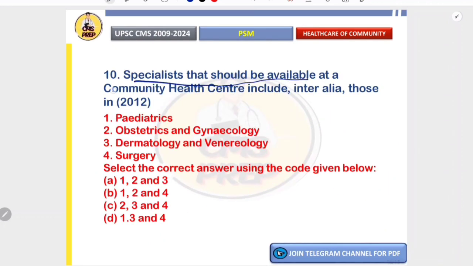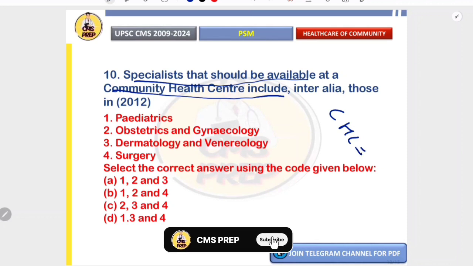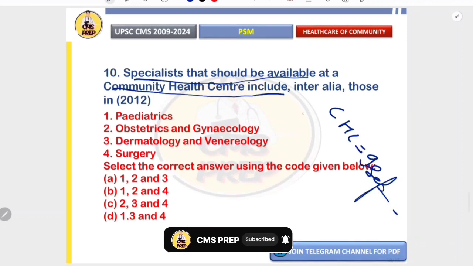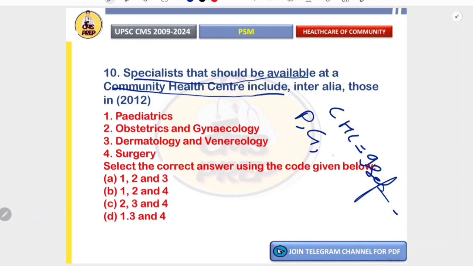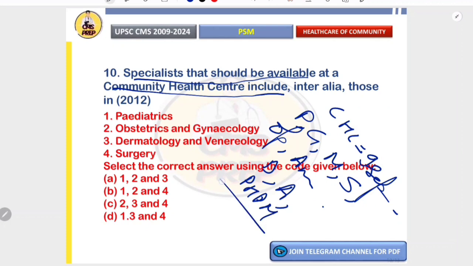Specialists that should be available at community health center include... So at CHC level there are basically 9 specialists that are required. They are as follows: pediatrics, gynae, medicine, surgery, an ophthalmologist, anesthetist, a dental officer, Ayush officer. Along with that, a public health program manager is required.